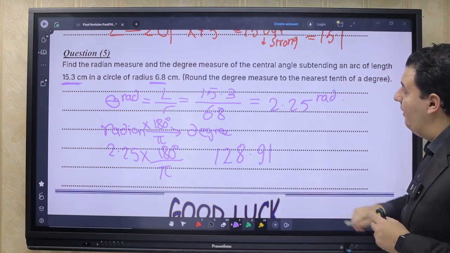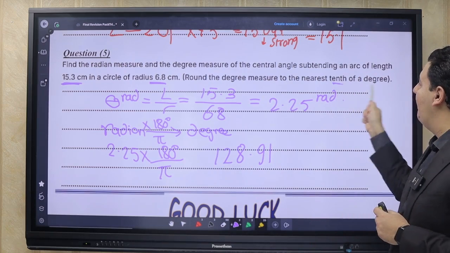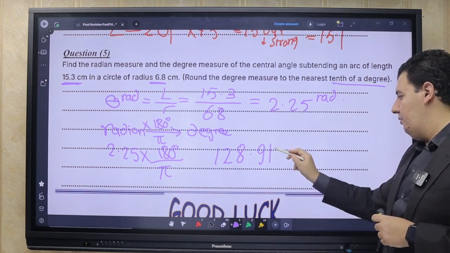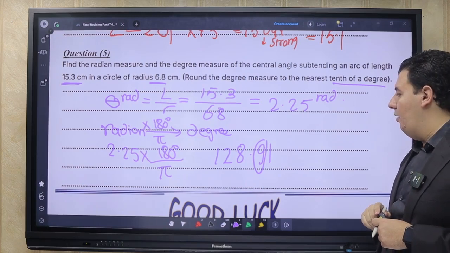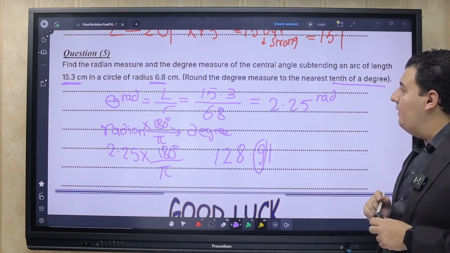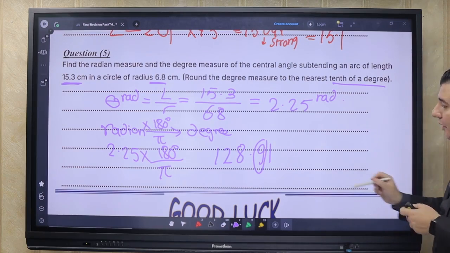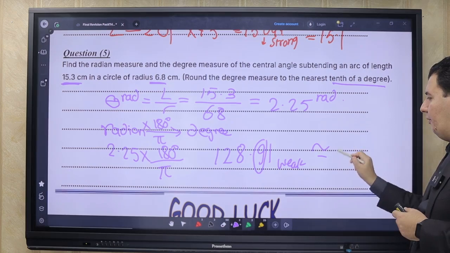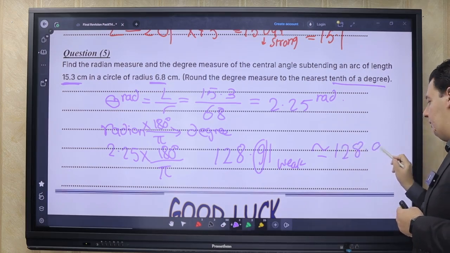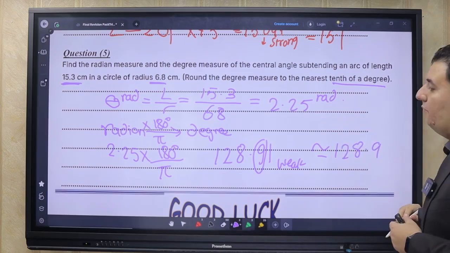I want to approximate this degree measure to the nearest tenth. Where is the tenth here? It is a 9. Okay. So 1 is a weak number. So it will be approximated to 128.9. Okay.